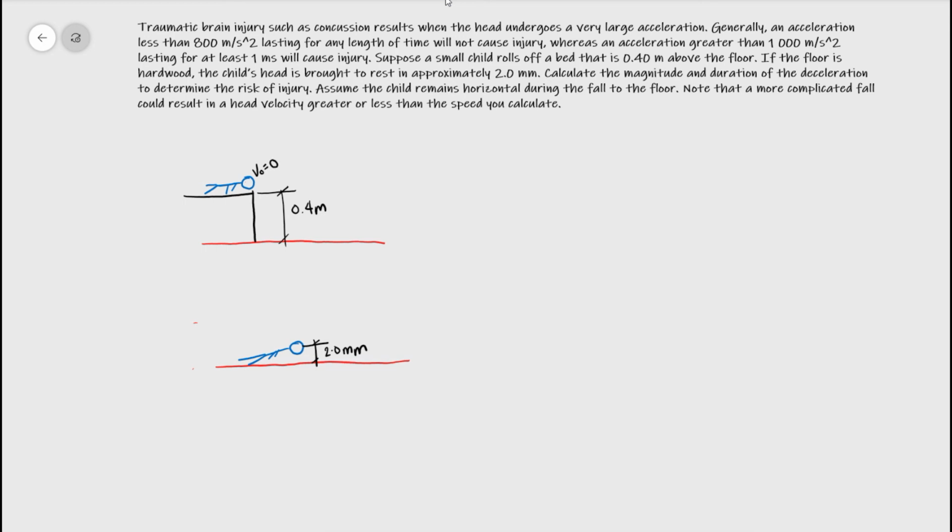Now at the top, the initial velocity of the child before falling to the ground, when he moves along the y-axis, is equal to 0, and when the child falls from the bed, his final velocity we do not know.